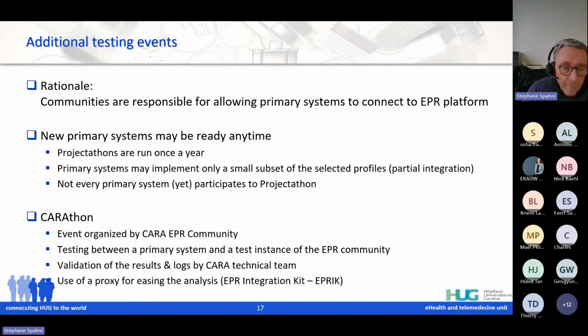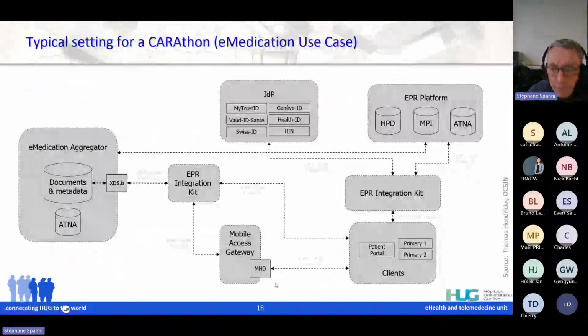They may have a partial deep integration, so we test every transaction they are implementing. And we do not have the monitors like for the projectathon, but it's the CARA technical team which is doing the validation.